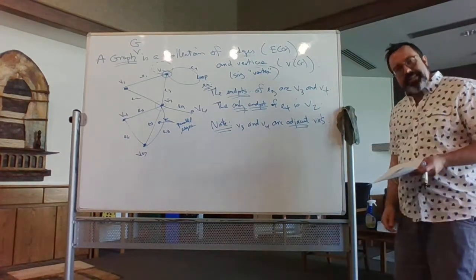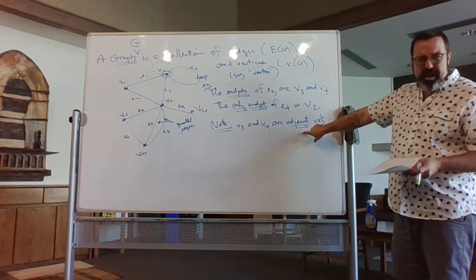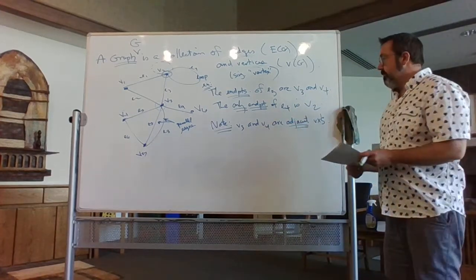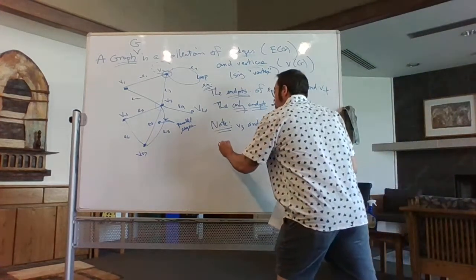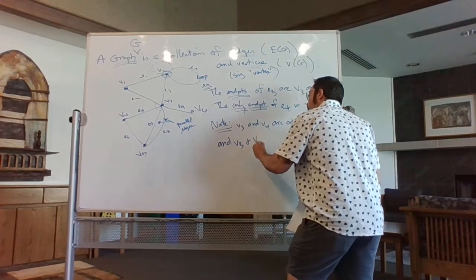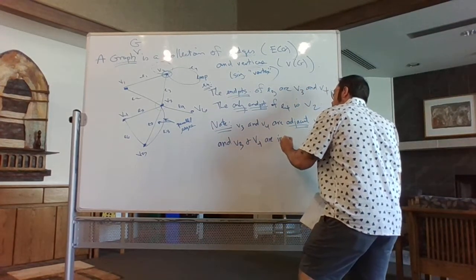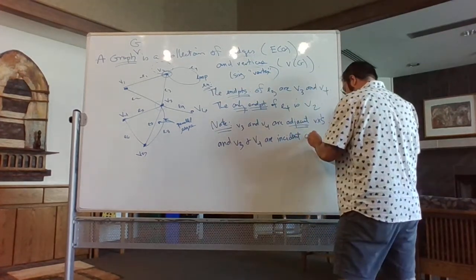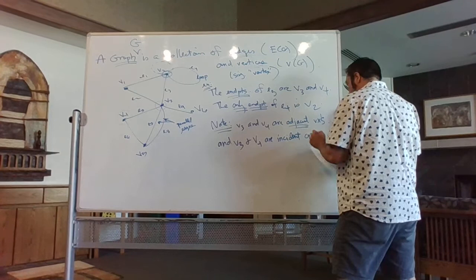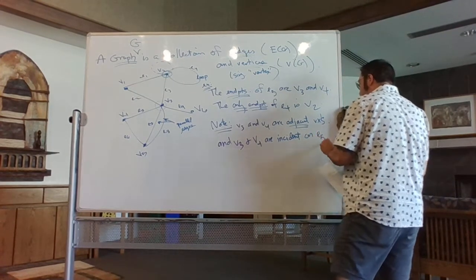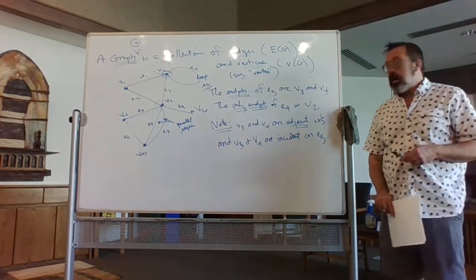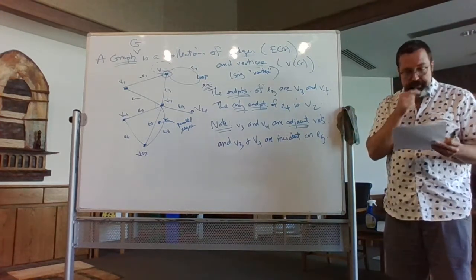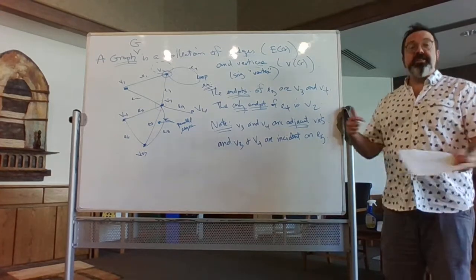We talk about incidence. Yet another way of relating this edge E5 with vertices V3 and V4 is to say that V3 and V4 are incident on E5, or to say that E5 is incident on V3 and V4. That terminology is sort of reflexive or symmetric in that sense. You can talk about adjacent edges.